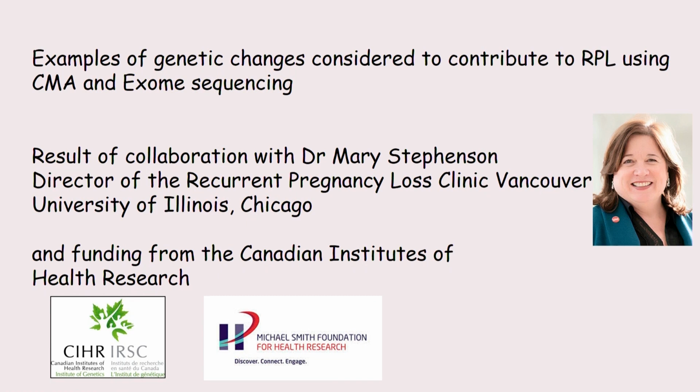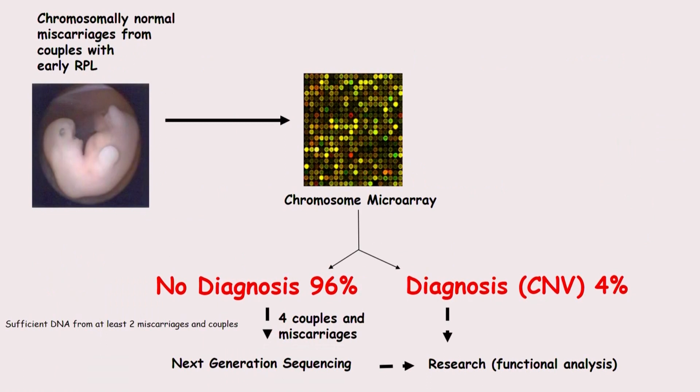These examples and the whole work are a result of my long-term collaboration with Dr. Mary Stevenson, who was the director of the recurrent pregnancy loss clinic in Vancouver when we started working together, and then moved to the University of Illinois in Chicago. I also acknowledge research funding from the Canadian Institutes of Health Research and the Michael Smith Foundation for Health Research.